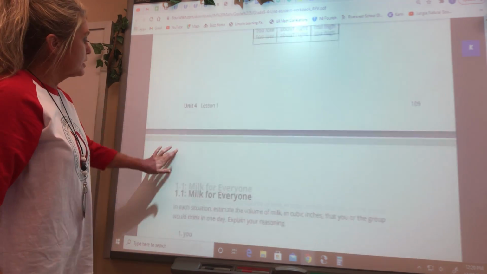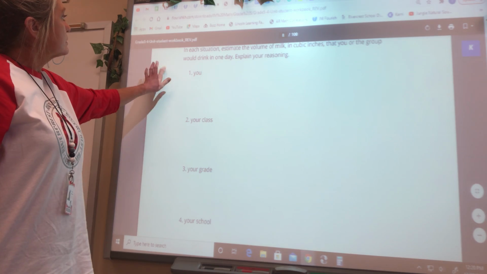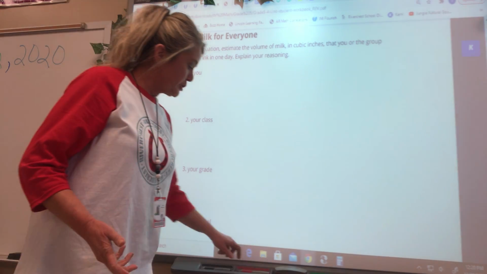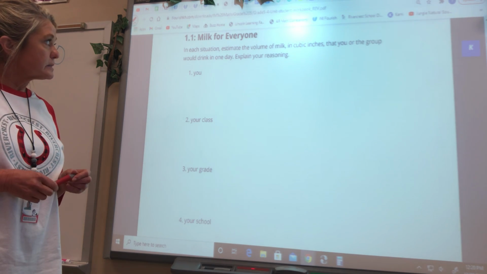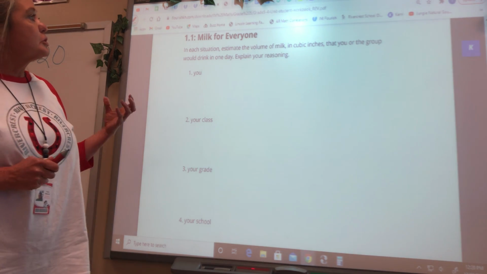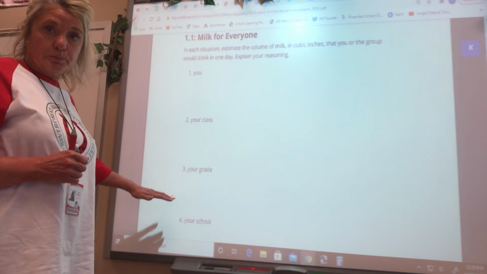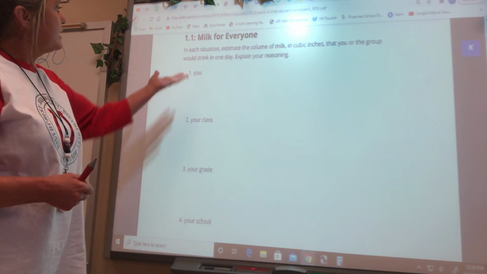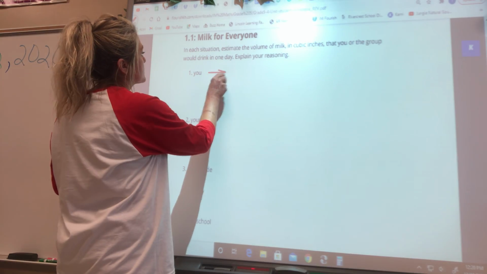Okay, on page 109. We're still using estimation, but now it's asking us to estimate how much milk different size groups drink in a day. And the first one it starts with is just you, so one person.